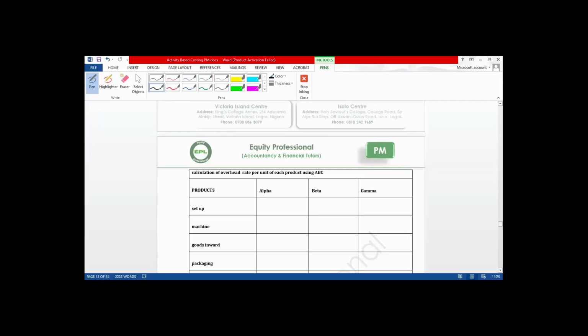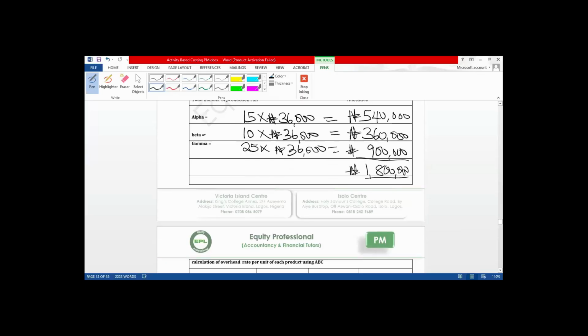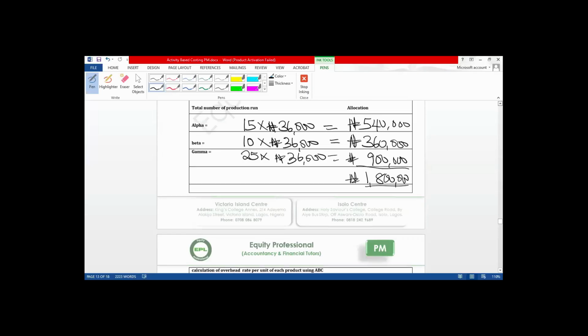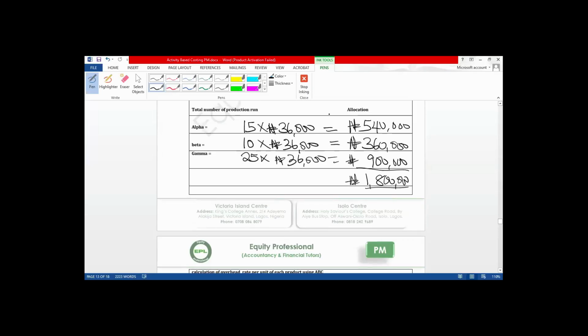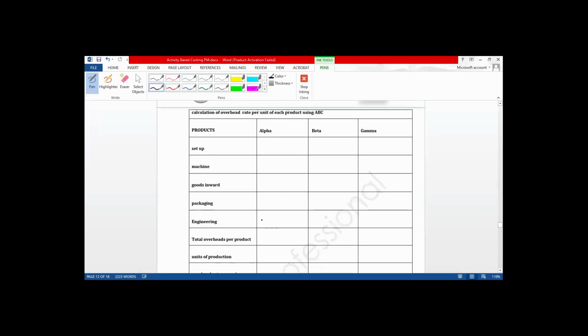For engineering allocation, Alpha we get 540,000, Beta we get 360,000, Gamma we get 900,000.